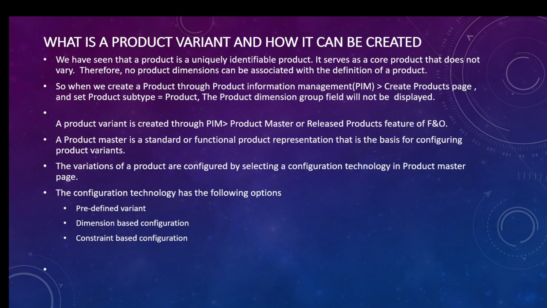So far we have seen about the product, and now I just want to quickly recollect how we define a product and what a product is. The product, as we all know, is a uniquely identifiable product. It does not have any variance.